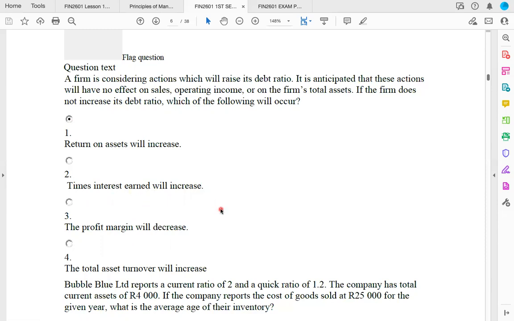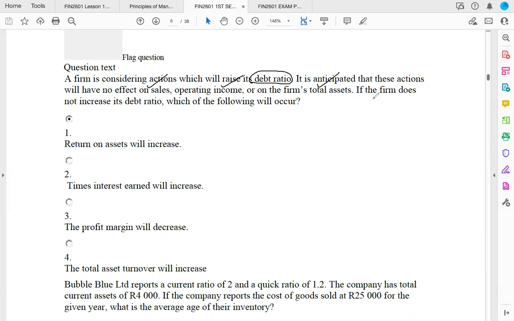Okay. So this particular company is thinking about raising its debt ratio. When it raises its debt ratio, it's not going to affect its sales, its operating income, or its total assets. Right.